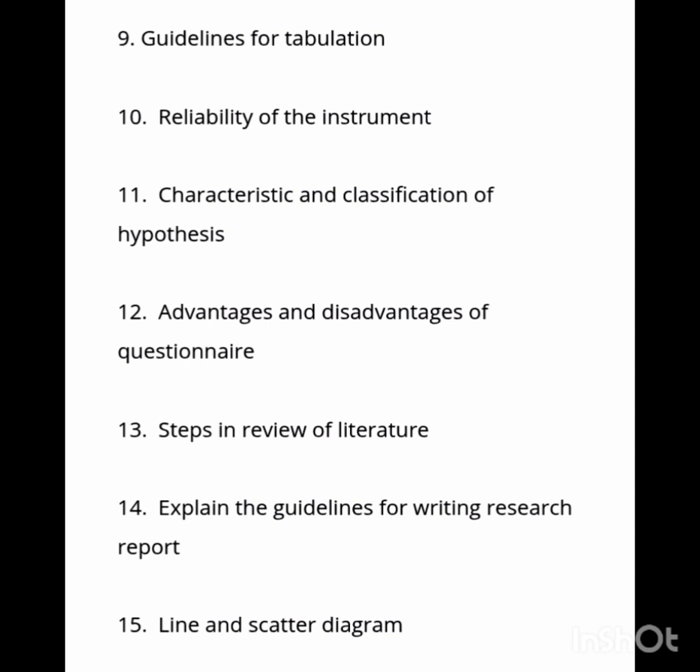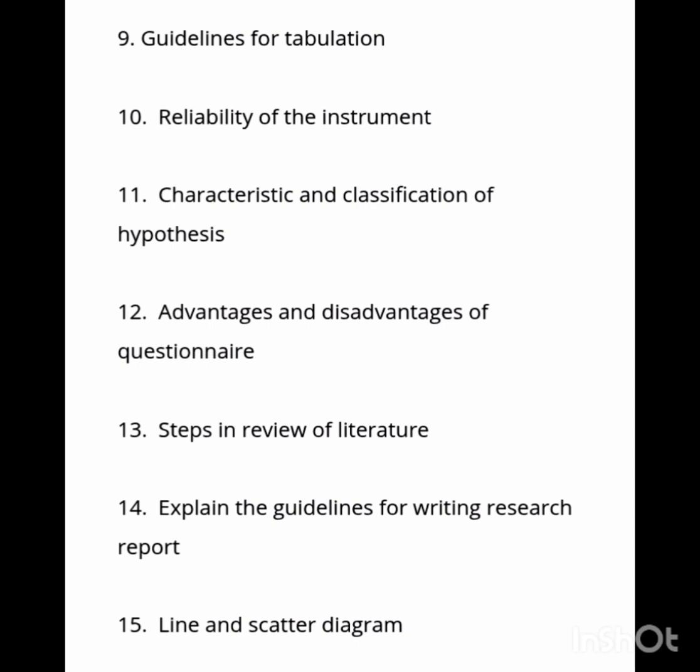And next question is steps in review of literature. So steps in review of literature include, the first step is define your research question. And second step is define the scope. That means set the boundaries of your review, including the types and depth of your review of literature.